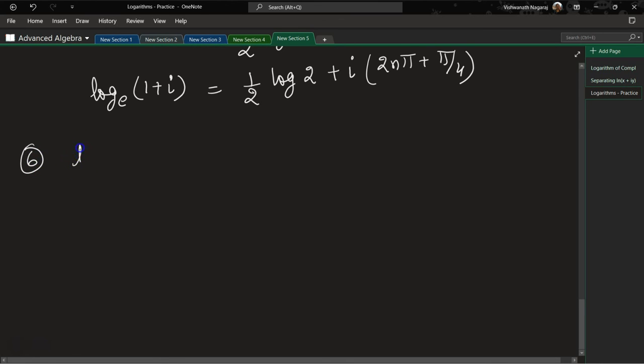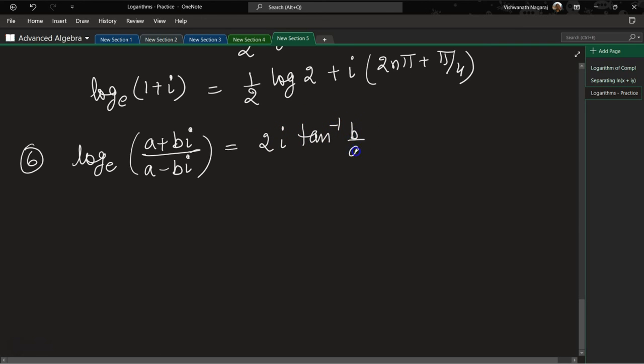Next is log to the base e of a plus bi by a minus bi. Right? And here, instead of just putting a question mark, I'll say that this is equal to 2I tan inverse of b by a. So which means this question becomes, prove that this is equal to this. Okay, don't get panicky.